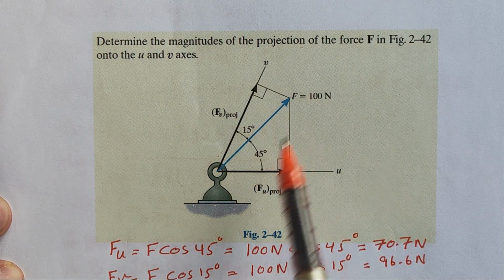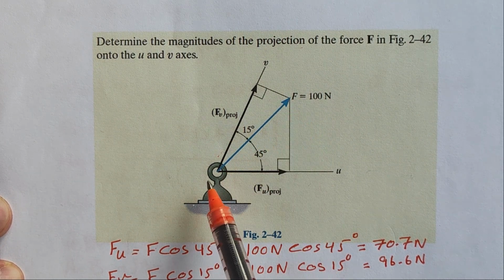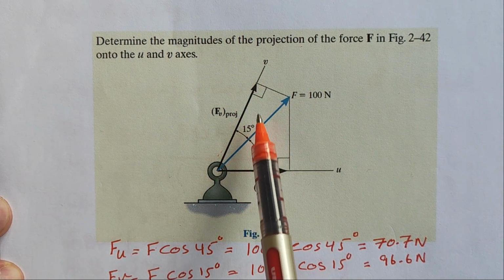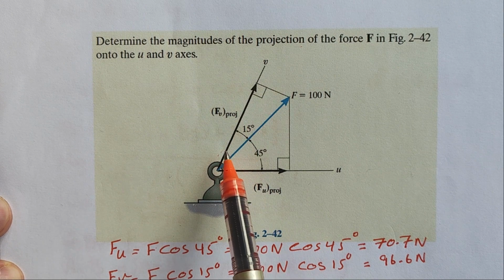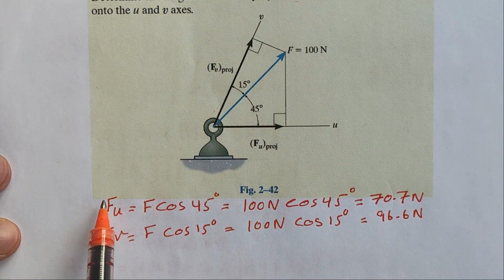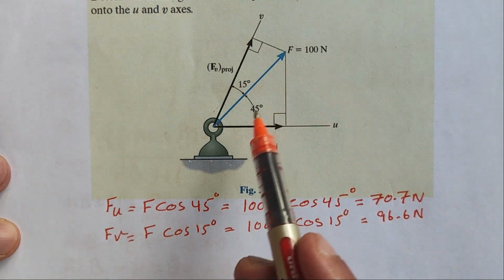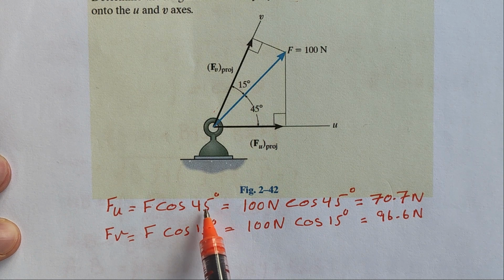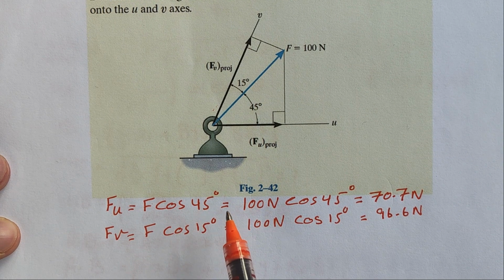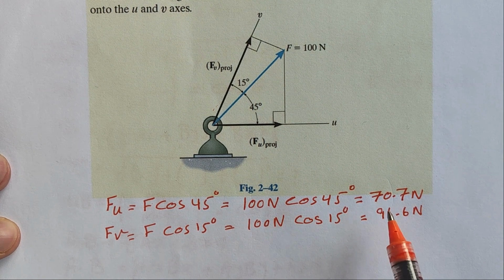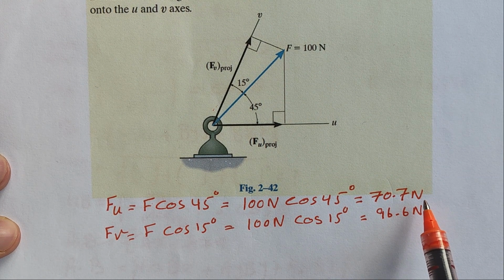One of them is making 45 degrees with the force F, and the other, along the v-axis, is making 15 degrees. In this case, as we just said, finding the force along the u-axis, similar to the rectangular components, we can say F cos 45, which is equal to 100 Newton cos 45, and that should equal 70.7 Newton.